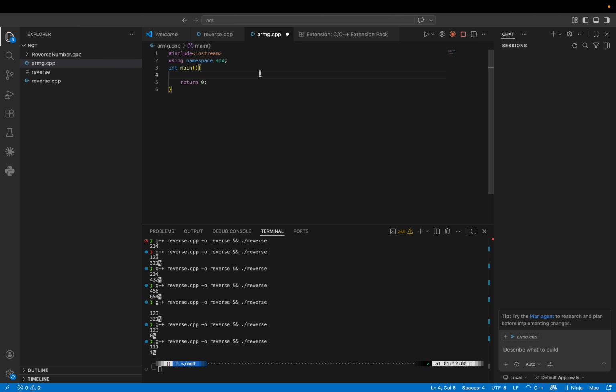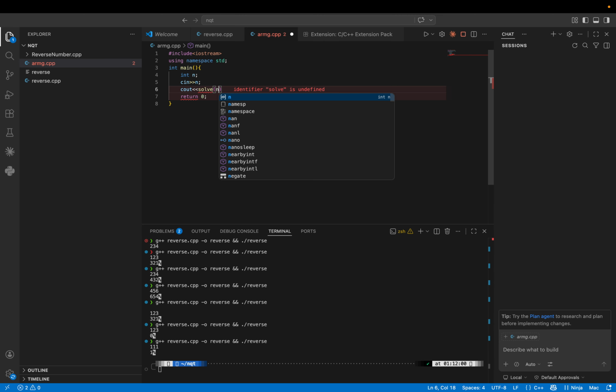Okay. Now we are talking about some numbers. So int n, we will take that n, and after that we will solve it, that either something could be true or false. So cout I'll do solve of this number.